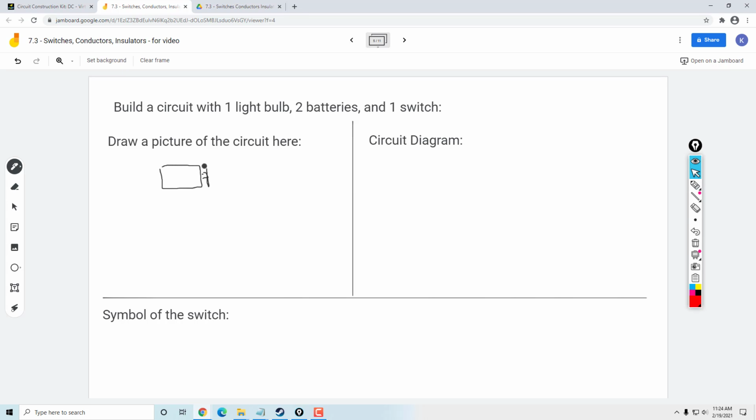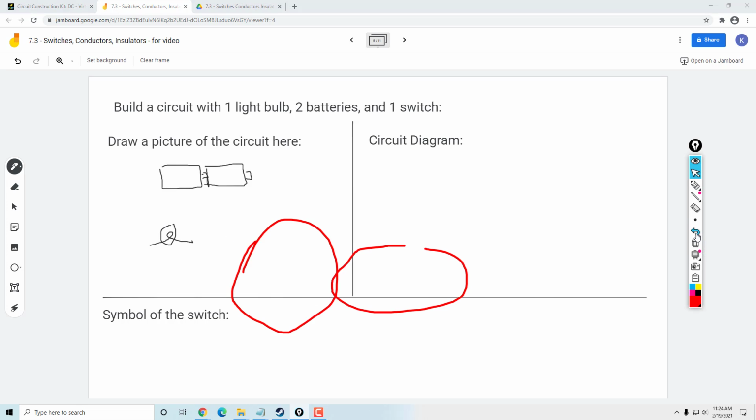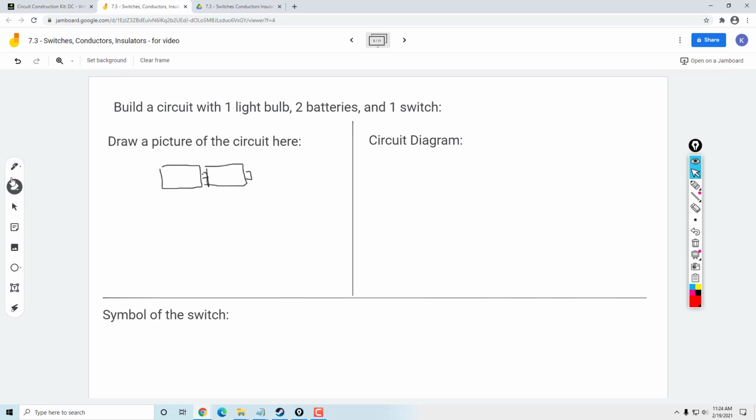1 battery. Of course, both batteries must point in the same direction. 1 light bulb. And 1 switch. Before I use the symbol, let's draw the picture first. So here's a picture of a light bulb and a switch.